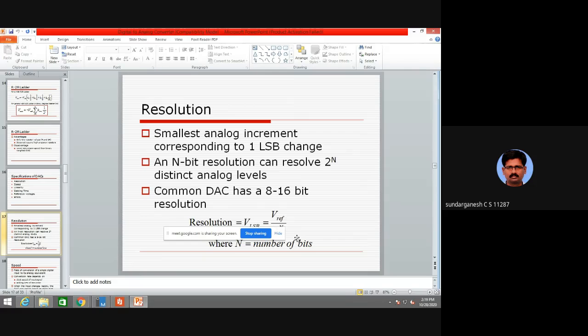An n-bit resolution can resolve 2 to the power n distinct analog levels. A common DAC has 8-bit to 16-bit levels.